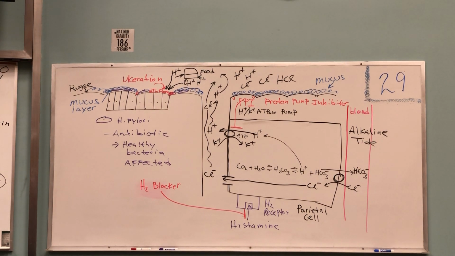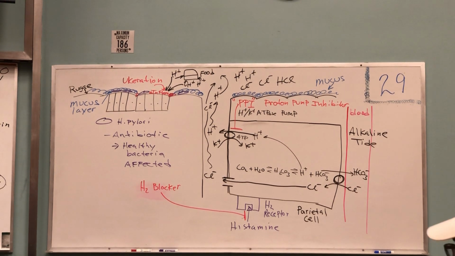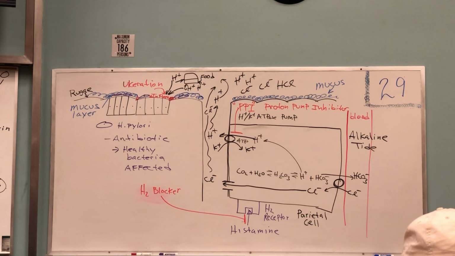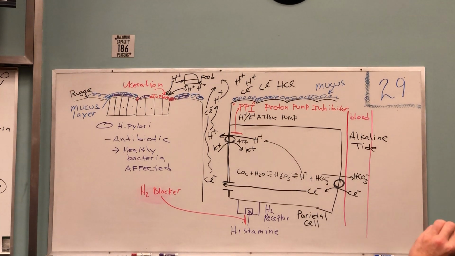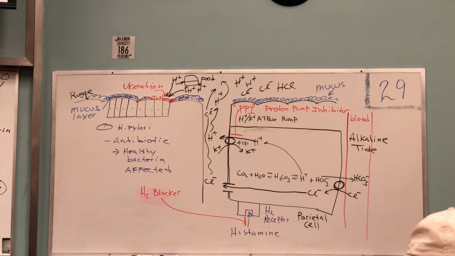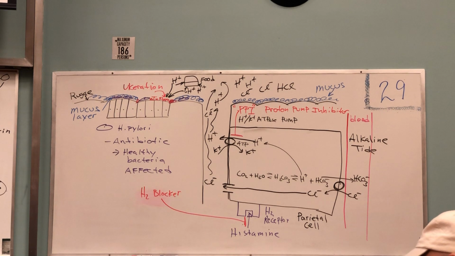So since we're on that quick little topic, we'll save the diarrhea conversation for later. All right, hang on. You guys okay with this? Parietal cells use CO2 and H2O to make protons. I pump them out with a proton potassium pump. I can use a PPI to slow down the activity of that proton pump.